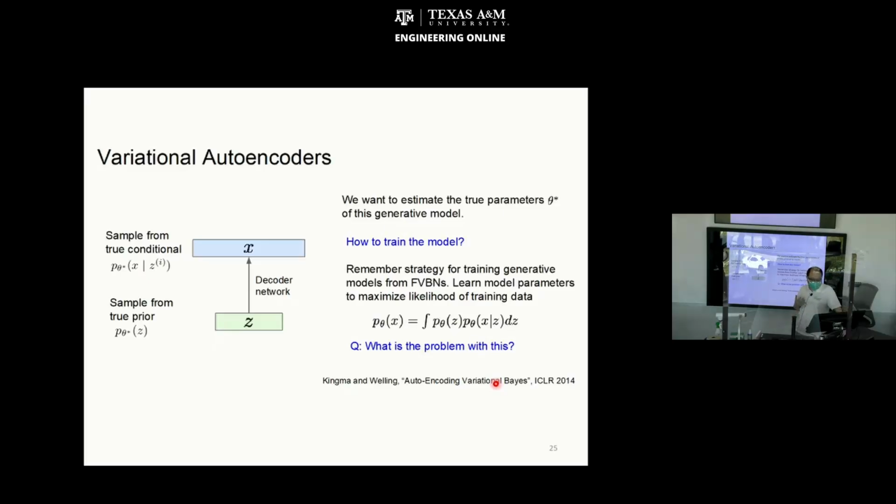Do you see a problem with this? If I try to maximize this likelihood, which needs to be calculated in this way, what is the problem? Is it easy to maximize this likelihood?